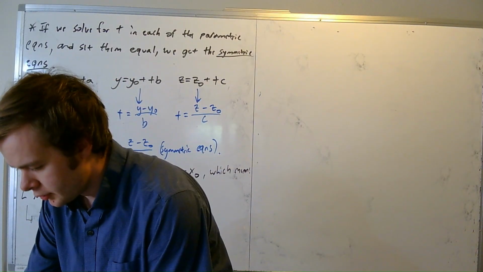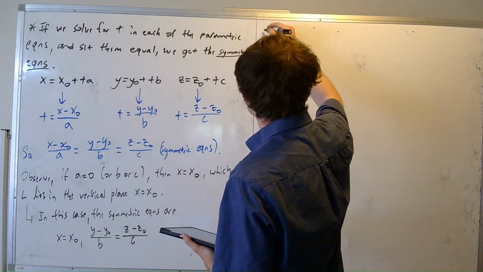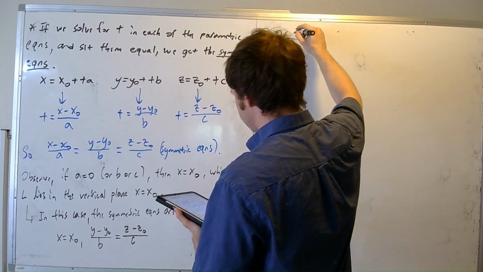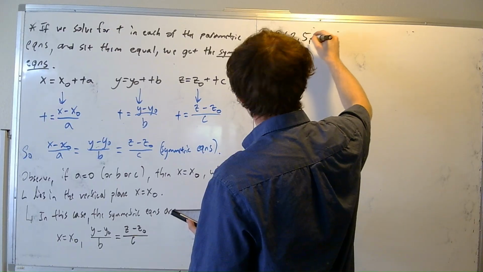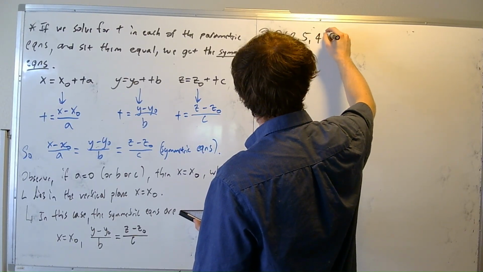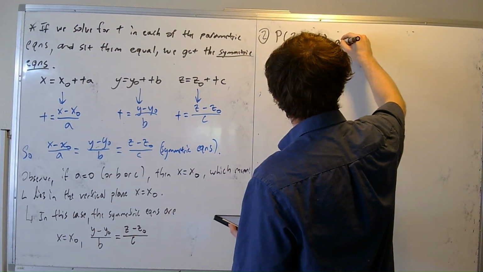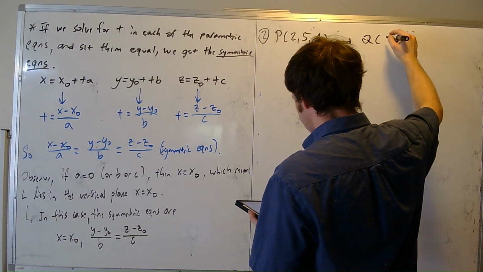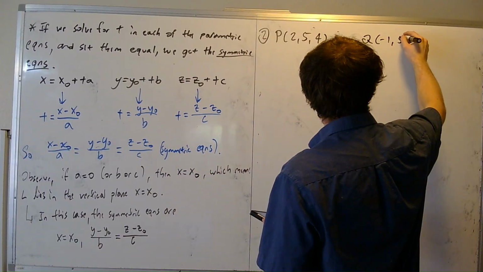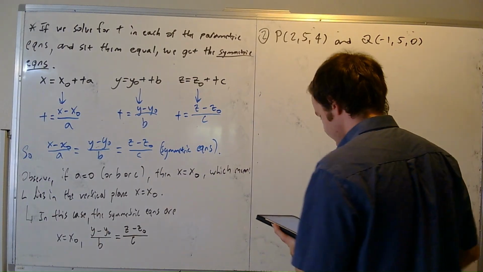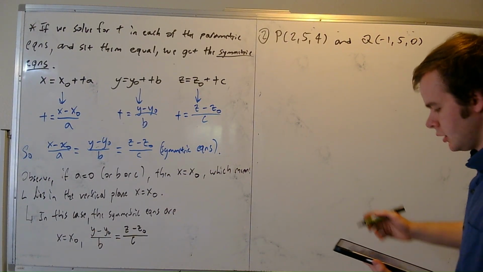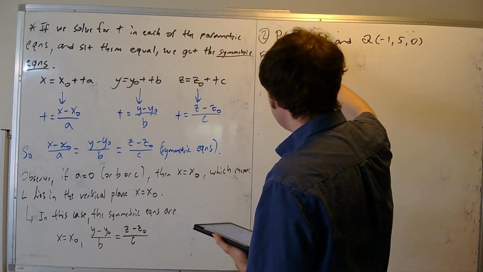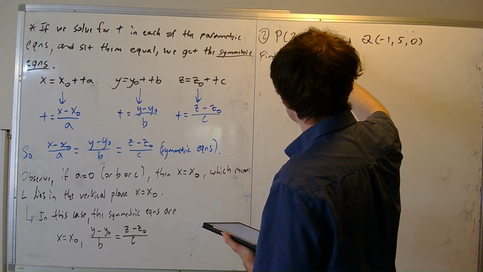So, example number 2 is going to say P is the point 2, 5, and 4, and Q is going to be the point -1, 5, and 0. And it's going to say find. Part A is going to be parametric.